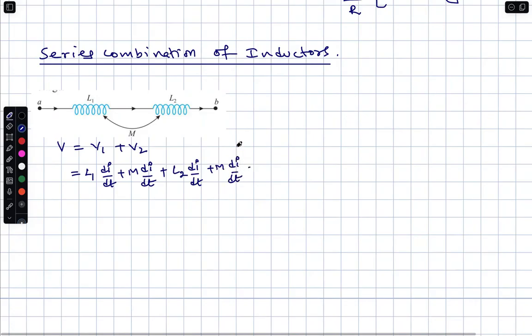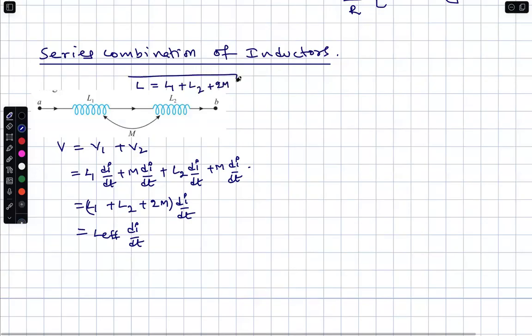Sir, why are you writing di by dt? Are they in series? Whatever the rate of change of current happens in L1, the same rate of change happens in L2. So finally, you can write it as L1 plus L2 plus 2M times di by dt. This is called L effective di by dt. So in this combination, L effective is L1 plus L2 plus 2M. Even though they are in series, this is how you need to write.